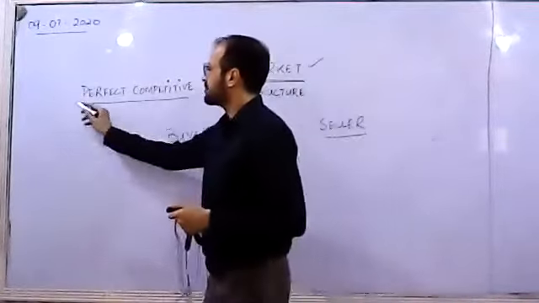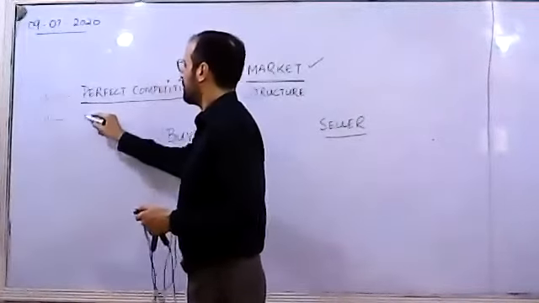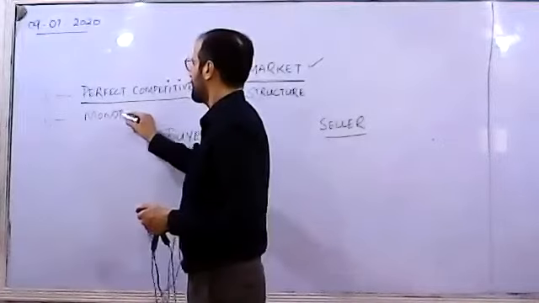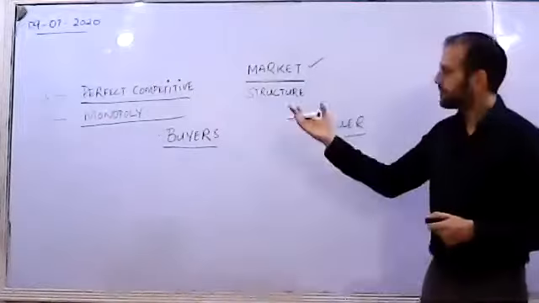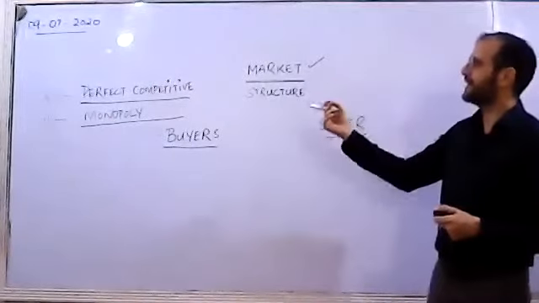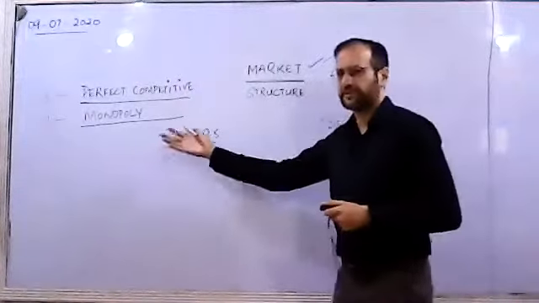And the other structure we are going to go through is monopolies. These are the names of the market structures: perfect competition, or perfectly competitive firms, and monopoly firms.